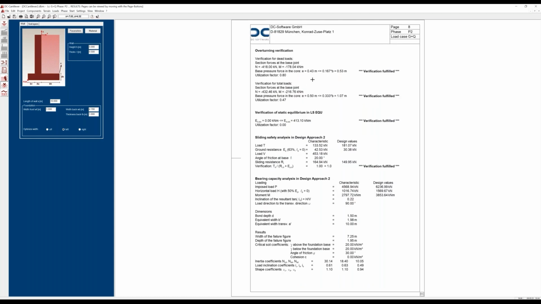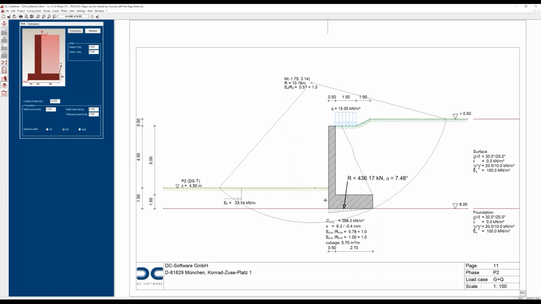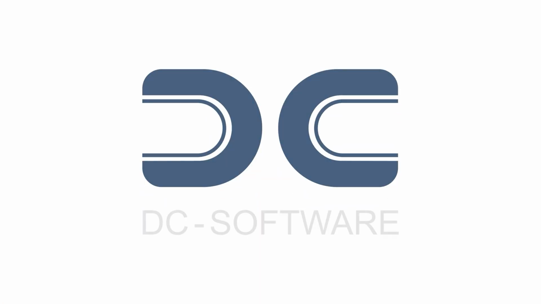And if we go down to the verifications, everything is fulfilled again. But we don't need here a cantilever at the left side. We just have one cantilever on the supported side with a width of 2.70 meters. And alternatively, we could as well optimize at the other side.